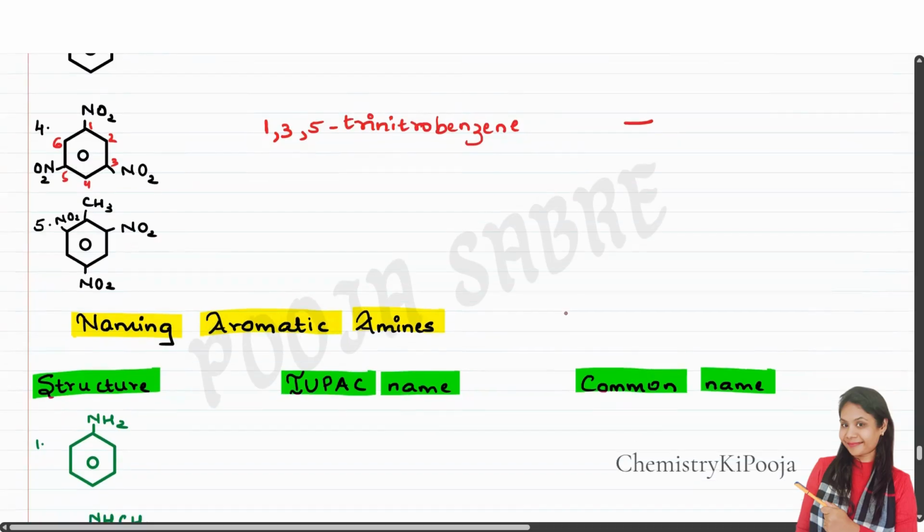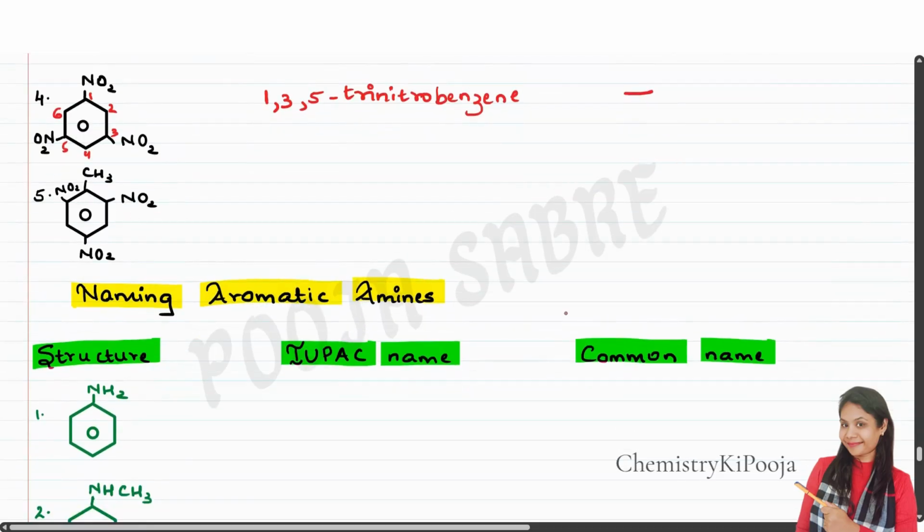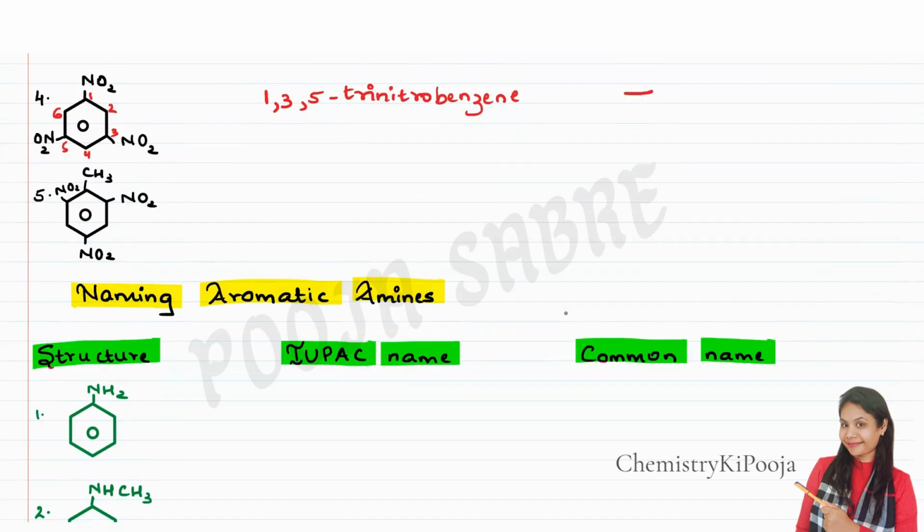Talking about the fifth question, we have NO2. Along with NO2, there is also a CH3 group. And CH3 attached to benzene becomes toluene, right? Then we are going to give the lowest numbering to the carbon which is attached to CH3. So this is 1, 2, 3, 4, 5, and 6.